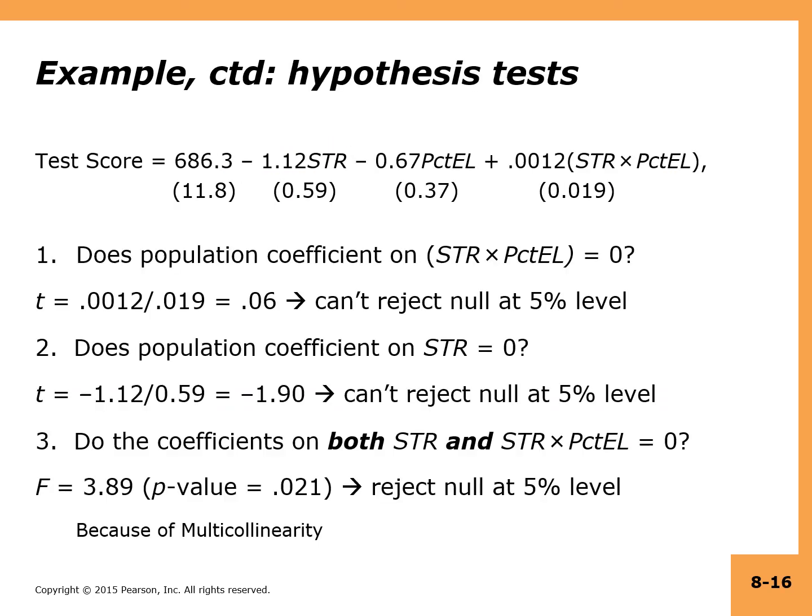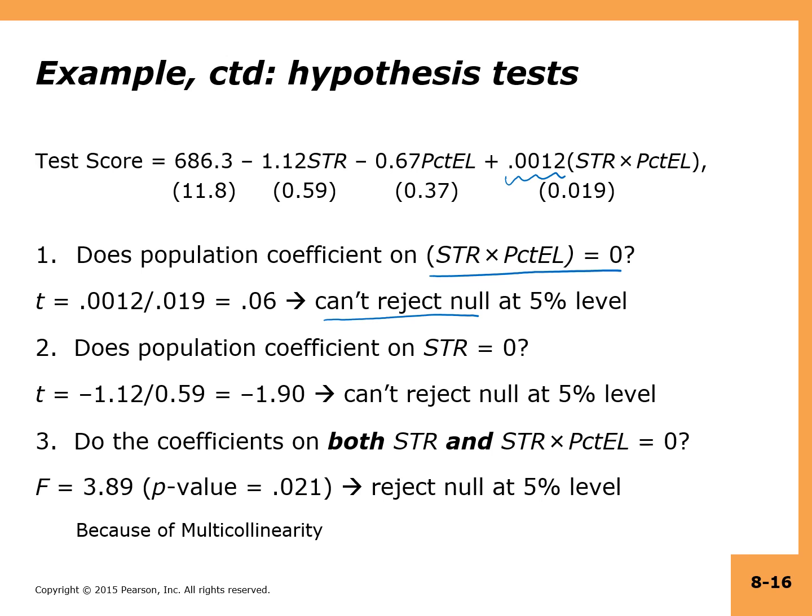Here we're going to test 3 different hypotheses. The first is that we are going to see if the interaction term is equal to 0. Looking at the coefficient and doing a t-test, we get the result that we cannot reject the null at 5%, meaning that the interaction term coefficient is not statistically significant.